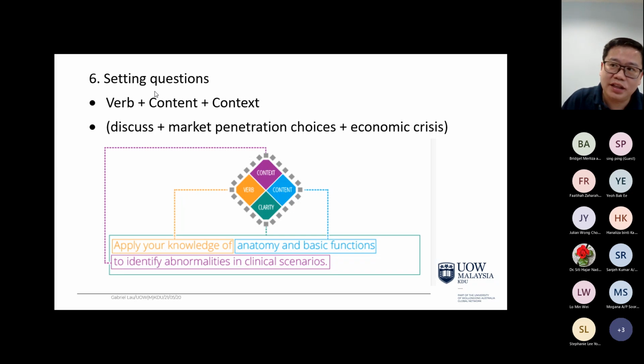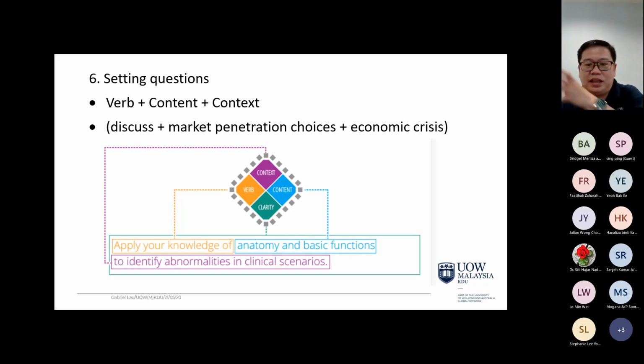The word content here, many of you will know it as the theory or the concept. Porter's 5 forces. In marketing, you have Michael Porter's 5 forces. That is content. That is the theory. So verb plus theory plus context.